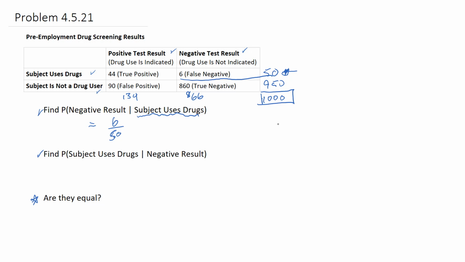Now, another way to do this is to actually use the formula for conditional probability, and that formula is equal to the probability that somebody gets a negative result and they use drugs, divided by the probability that they actually use drugs.